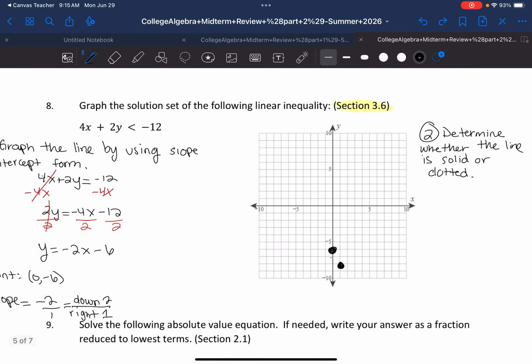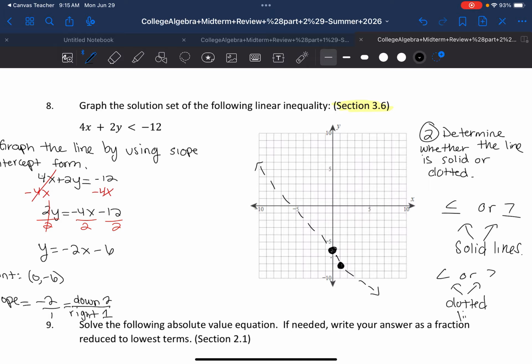If it's strictly less than or strictly greater than, it can't equal the line. So that would be a dotted line. So this is going to be a dotted or dashed line. But if it was like this or like this, then these are solid lines. But if it's like this or this, then it's dotted or dashed, because it can't equal. So we're signifying that it can't equal any points on this line.